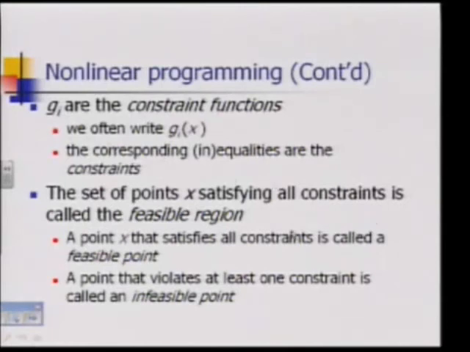Of course, these are just for notational convenience. The set of points satisfying all constraints is called the feasible region, and sometimes we call it the feasible set. A point X that satisfies all constraints is called a feasible point, and sometimes we call that a feasible solution.